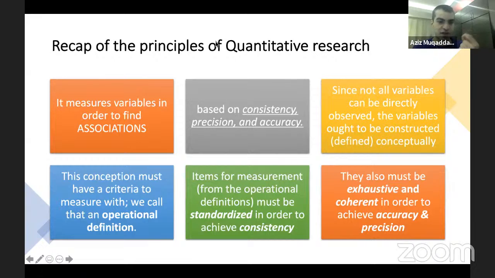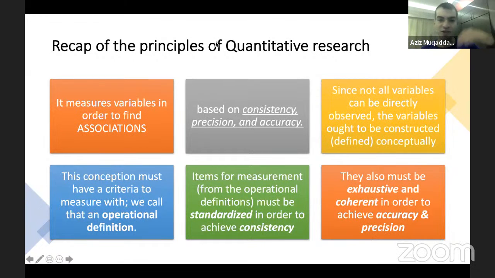Those operational definitions would need to be quantified. So we would measure it, in other words, based on numbers, right? So like 1 to 5, 1 to 100, 1 to 10, etc. And that's what we call standardization.